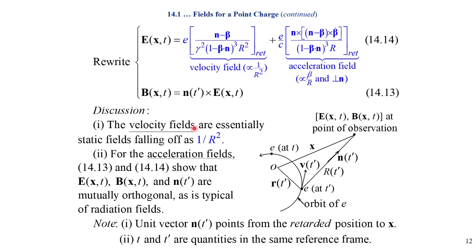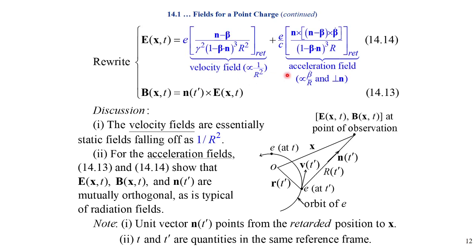The electric field can be divided into two terms, and they are all evaluated at the retarded time. The electric field comes from two parts. One is the velocity field, because it depends on many things, but mainly depends on the velocity beta.